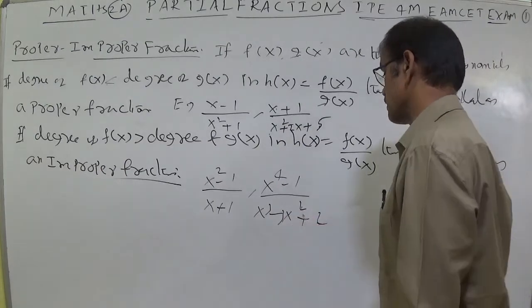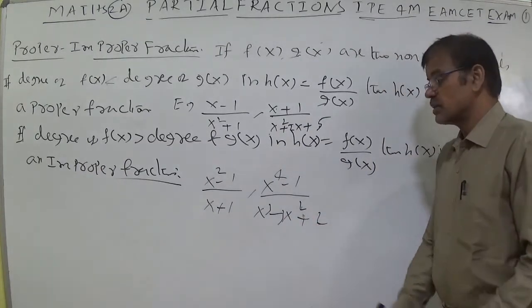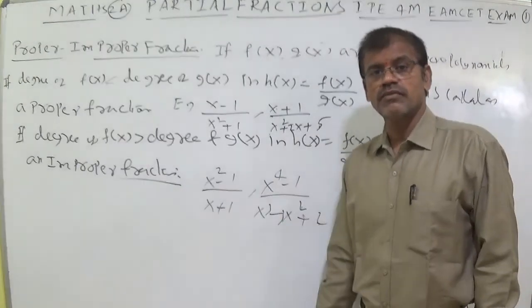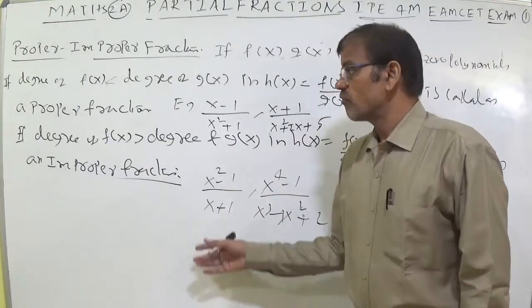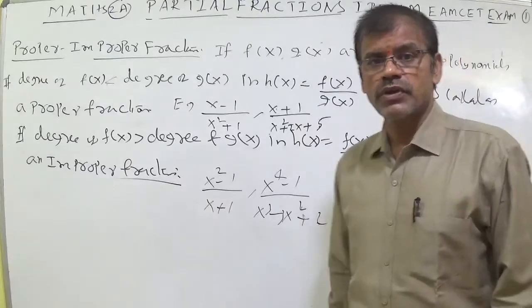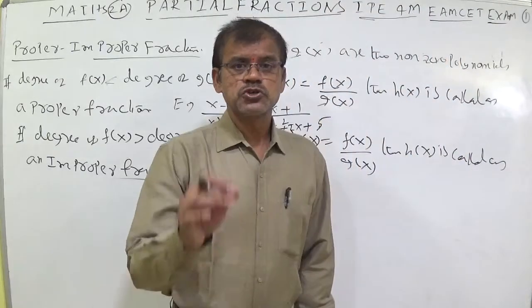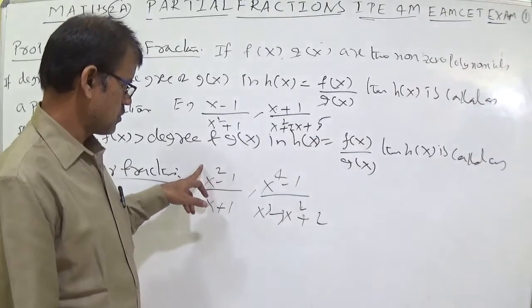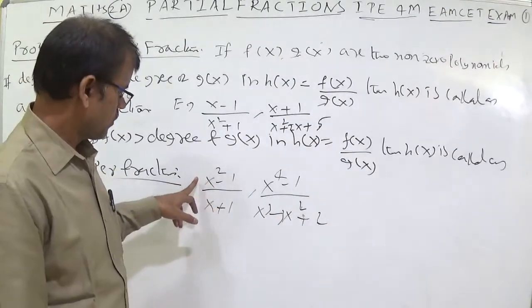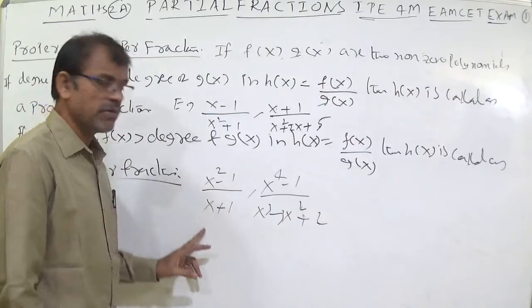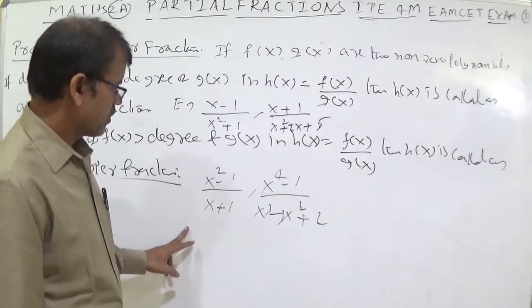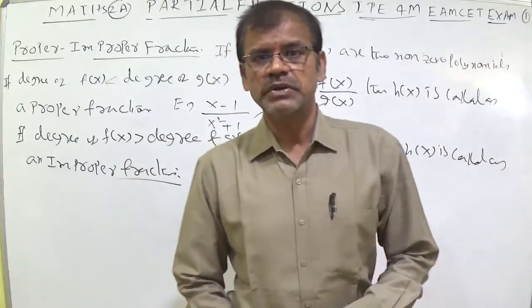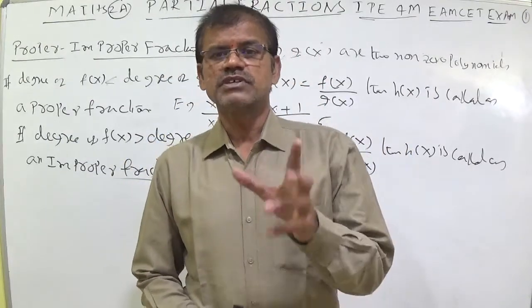Whenever the degree of numerator is greater than the degree of denominator, for calculating partial fractions, we should divide the numerator by the denominator. It is called the division formula or long division method, depending upon the division algorithm.